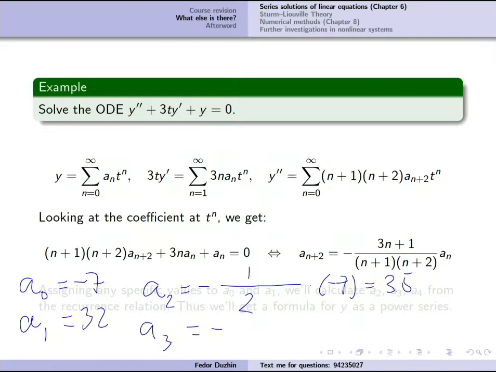So here the numerator is 3 times 1 plus 1, which is 3, divided by (1 plus 1), 2, times (1 plus 2), 3, times a1, 32. Well, you can calculate, this is minus 16? And so on. Then you can calculate a4, a5, and so on.